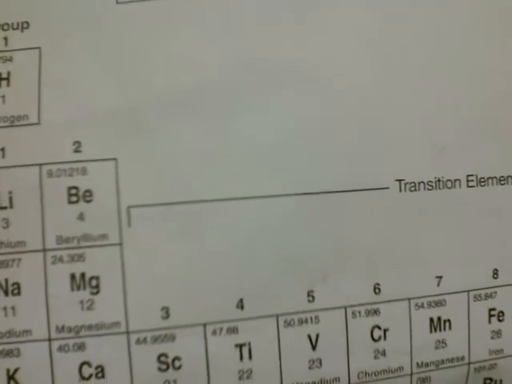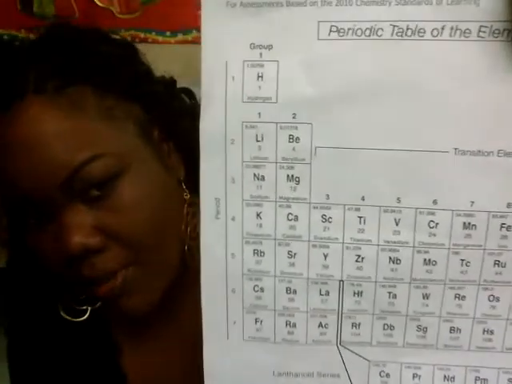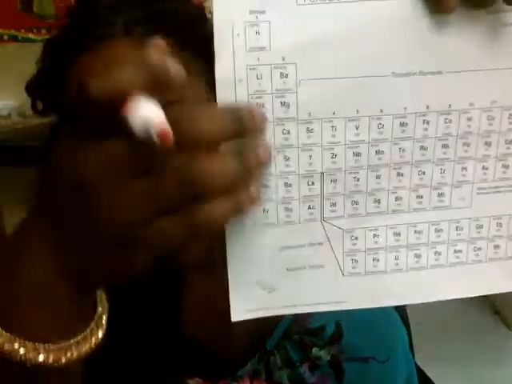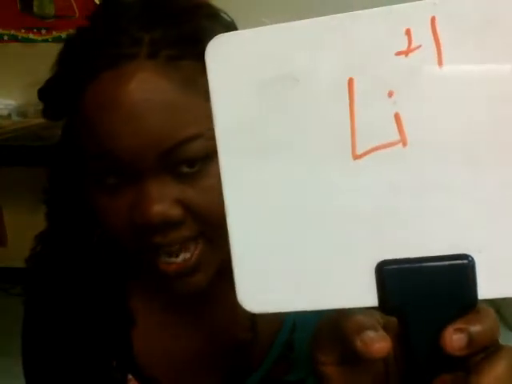Okay? So, if it has 3 protons, having a difference in the number of electrons will cause the change in lithium's charge. Now, because of lithium's position on the periodic table, you should know by now that it is going to be a positive 1 charge. Everything in this column is a positive 1 charge. So when I write lithium plus 1, whenever you see it notated like that, it's indicating a charge.